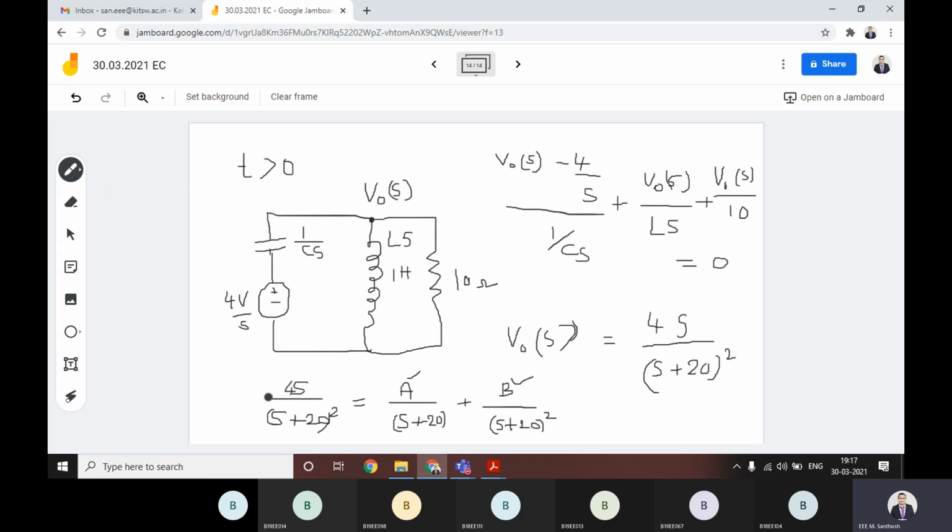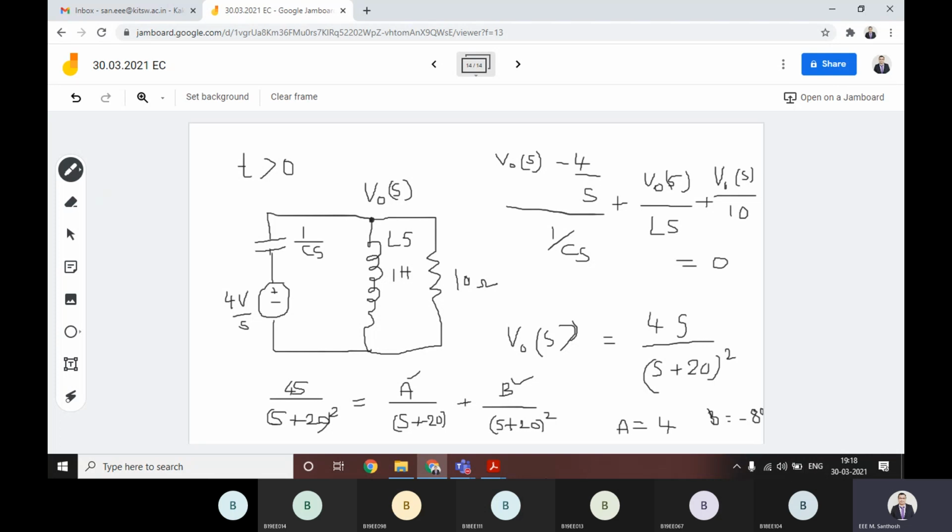In the numerator you have 4s. If you solve this one, you will get A value as 4 and B value can be calculated as minus 80. You check with it that is correct or not.